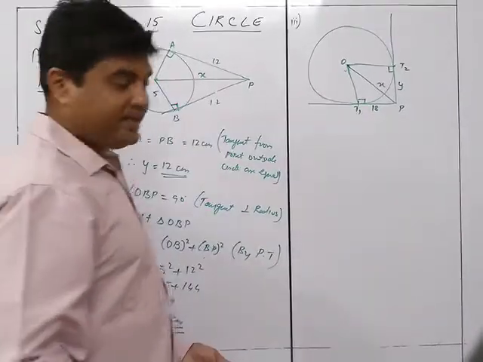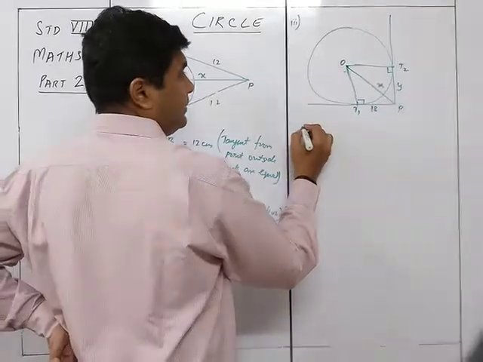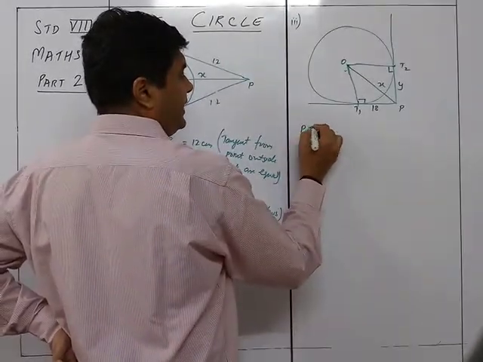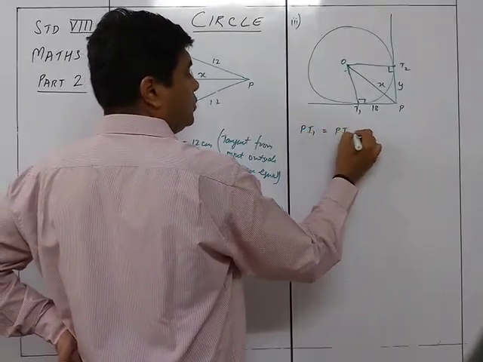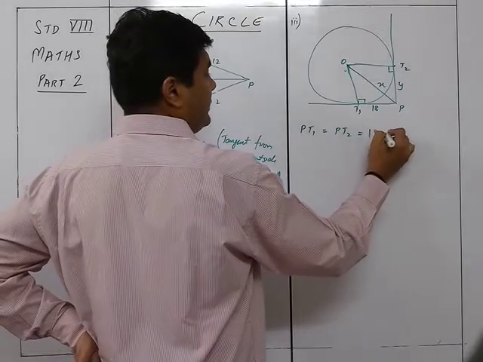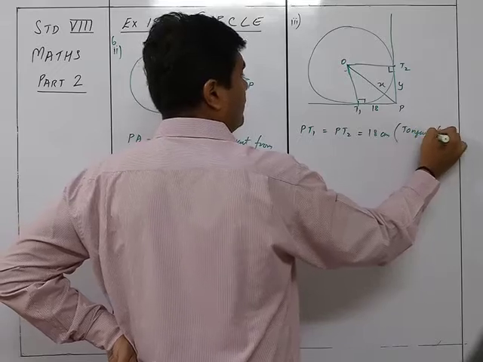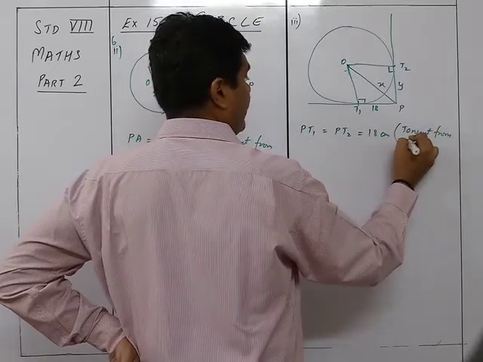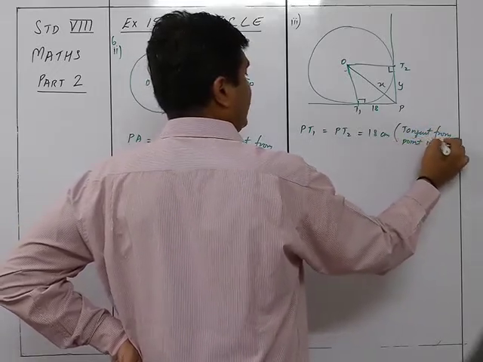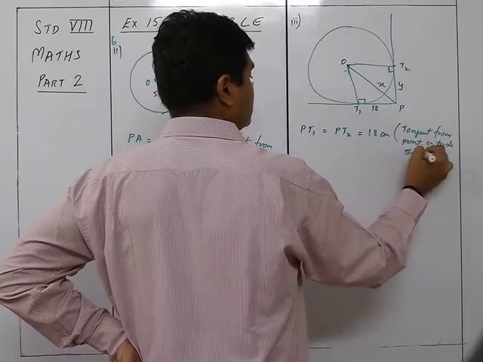First thing, very easy, we say that PT1 is equal to PT2 is equal to 18 centimeters because of tangents from a point outside the circle.